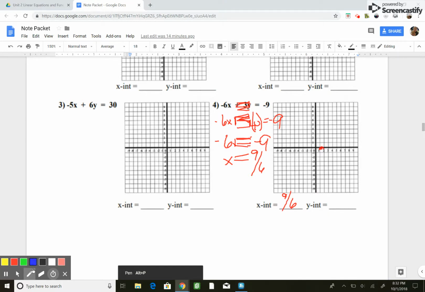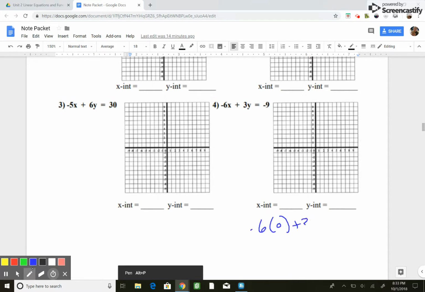And then the next one, plug 0 in for x. I'm going to plug 0 in for x plus 3y. So negative 6 times 0 is 0. So then I'm left with 3y equals negative 9.